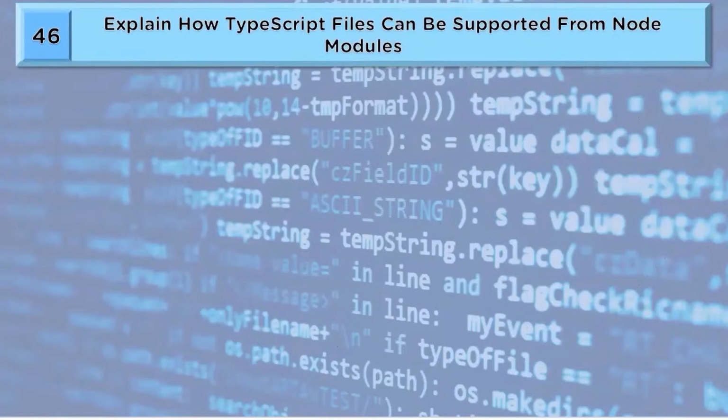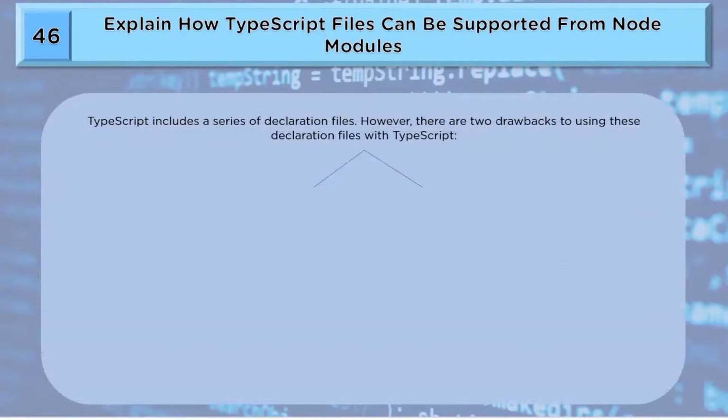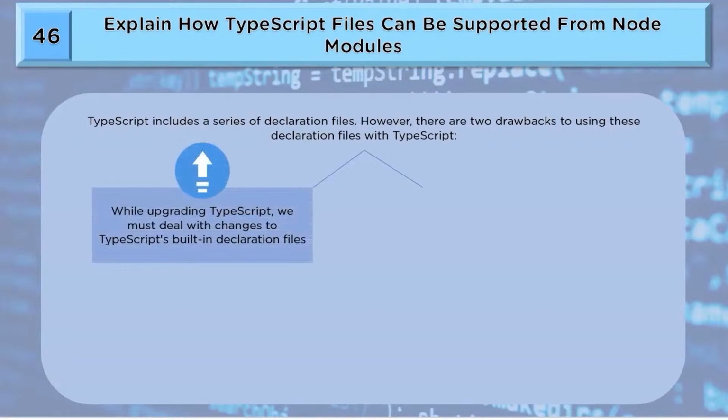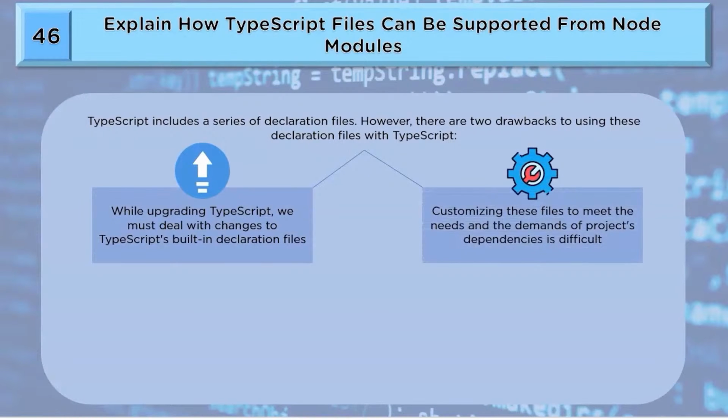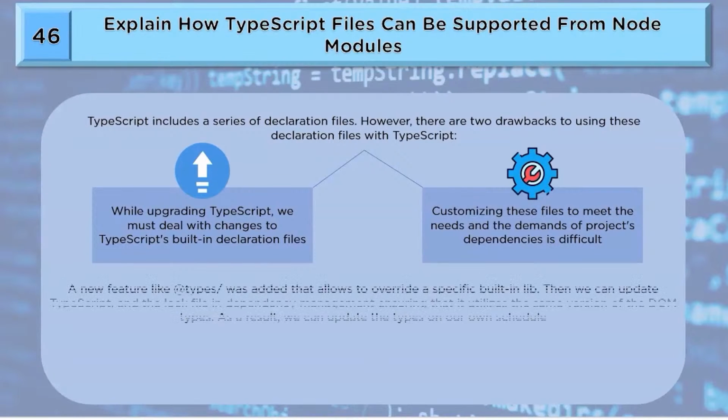Explain how TypeScript files can be supported from Node modules. TypeScript includes a series of declaration files. However, there are two drawbacks to using these declaration files with TypeScript. One is that while upgrading TypeScript, we must deal with changes to TypeScript's built-in declaration files. The other is that customizing these files to meet the needs and demands of project dependencies is difficult.